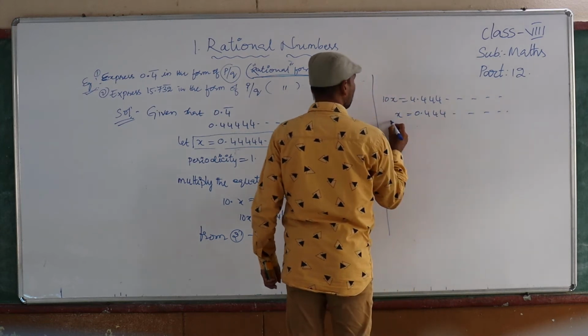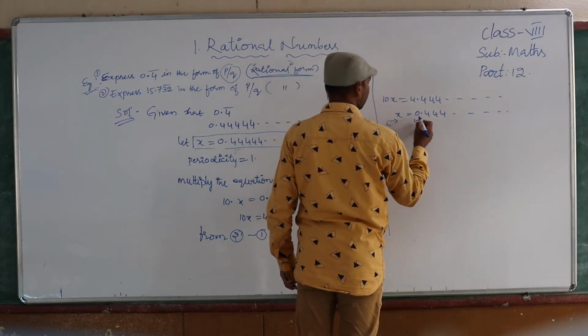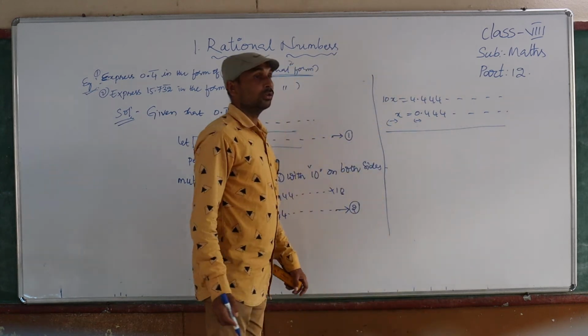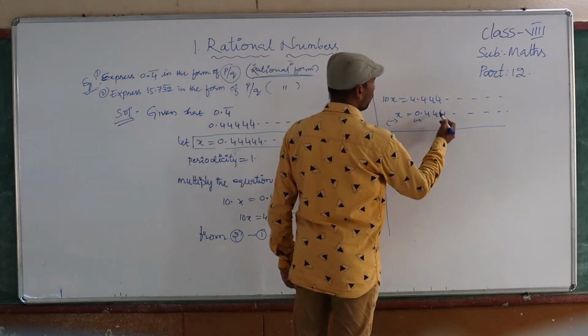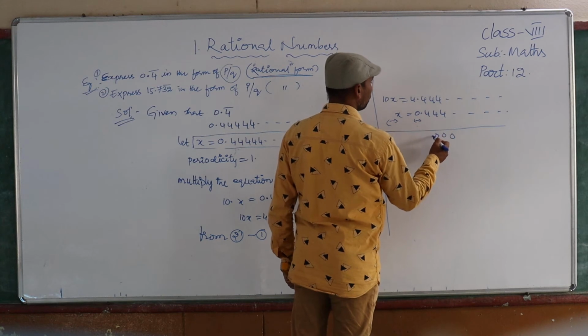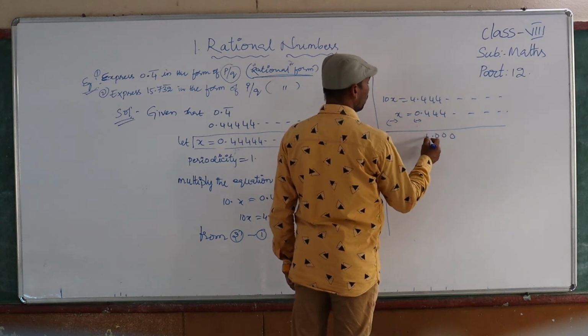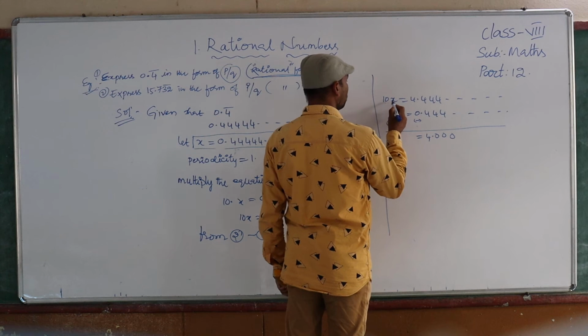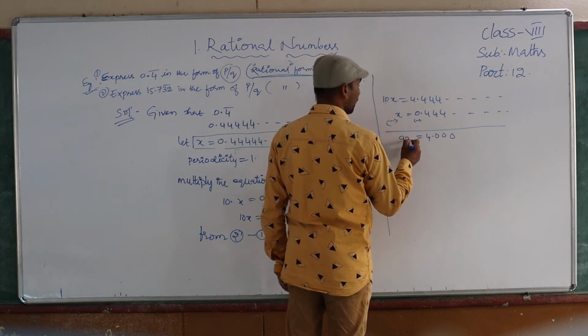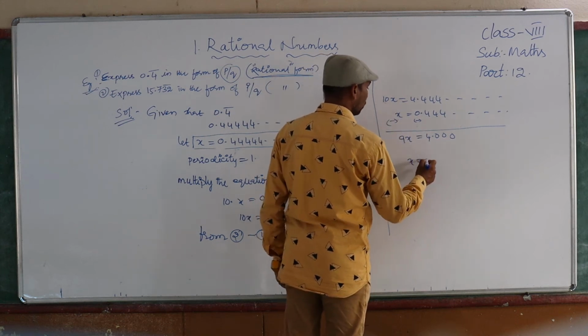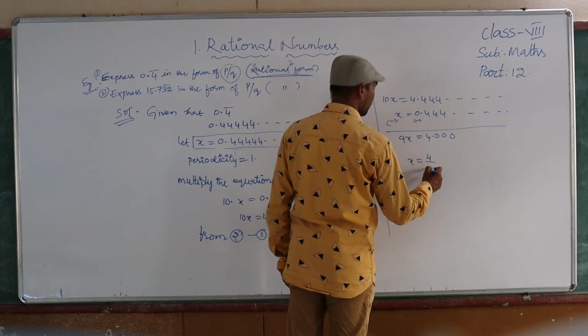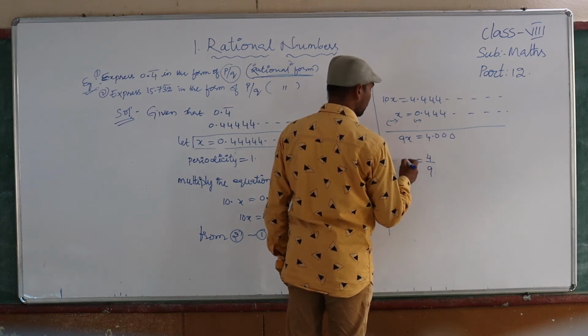Subtracting, 4.4 minus 0.4 gives 4. And 10x minus x is 9x. Then x is equal to 4 by 9.